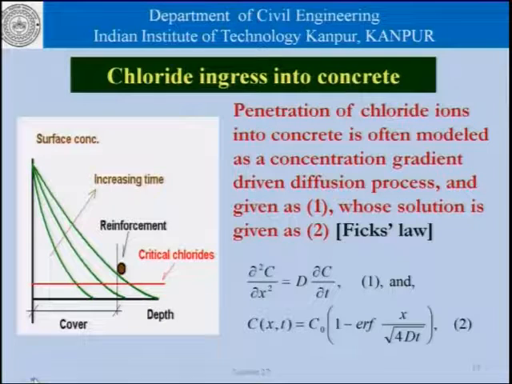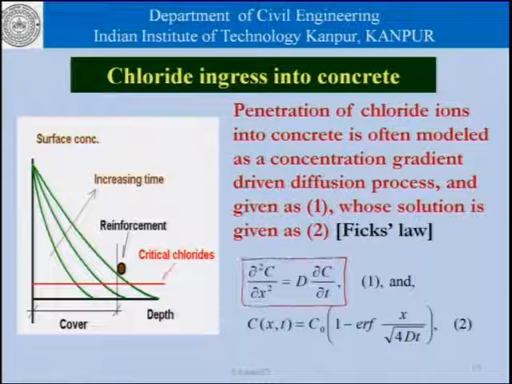Now, this process of chloride ingress into concrete is often modeled as a concentration gradient driven diffusion process, and that in mathematical terms is given by a differential equation which is given here. We are not going into the mathematics of deriving this equation, and the solution of this equation is a form which is given here.